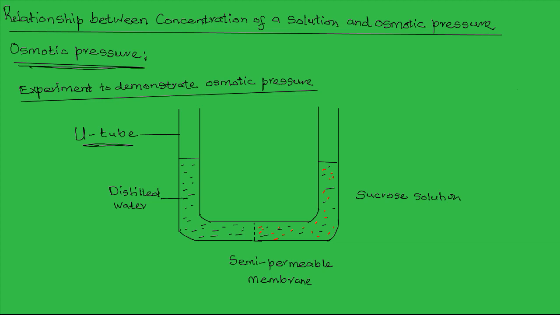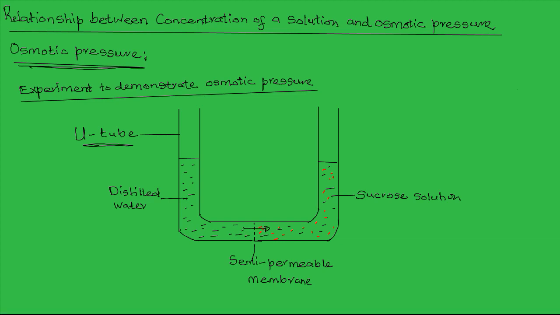So we're going to have osmosis taking place from the hypotonic distilled water to the hypertonic sucrose solution. As water molecules get to the arm of the U-tube with the sucrose solution, a pressure develops because the water molecules come in with some force.